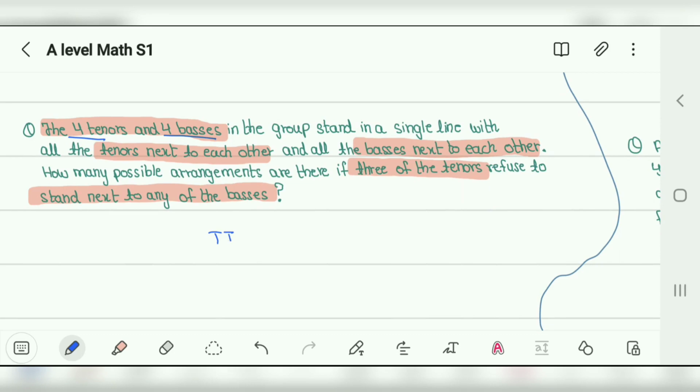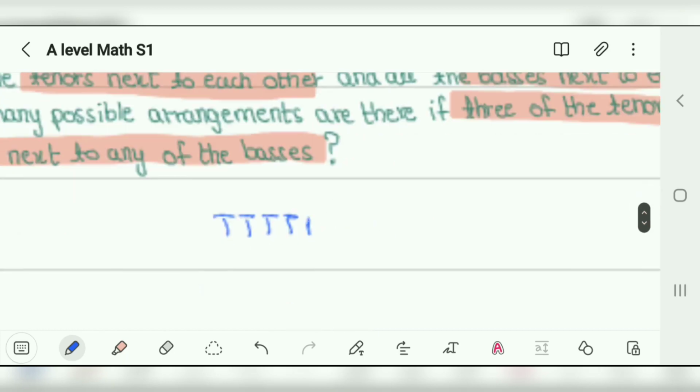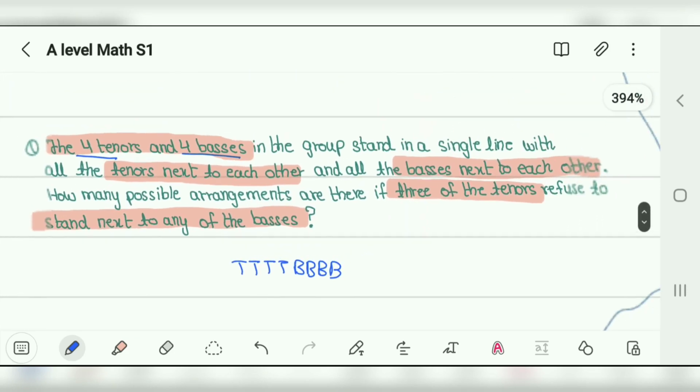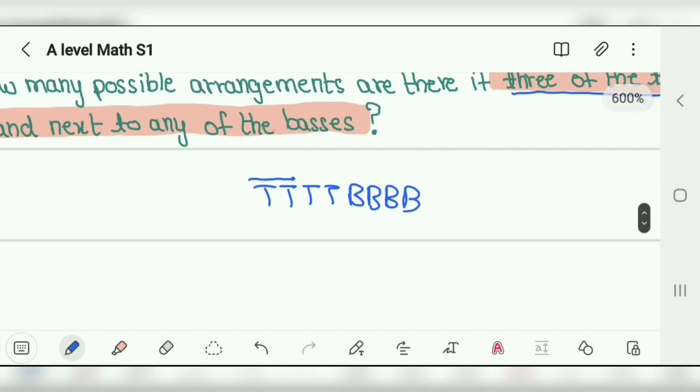So T, T, T, T, B, B, B, B. It says that if 3 of the tenors refuse to stand next to any of the basses, which means 3 of them are in one box and they don't want to be next to any of the basses.